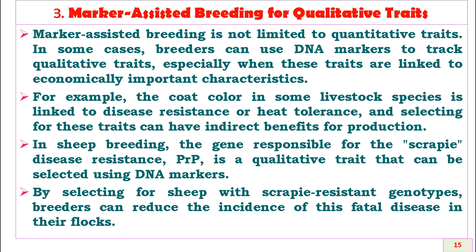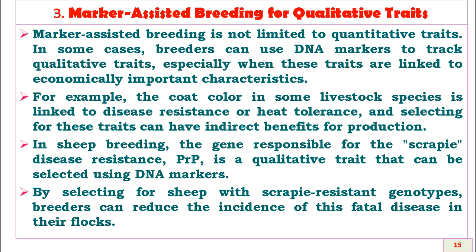For example, the coat color in some livestock is linked to disease resistance or heat tolerance, and selecting these traits can have indirect benefits. For example, if a cattle is white in color, it absorbs very little heat from the sunlight. Whereas if it is a black one, then there is more heat absorption and heat intolerance syndrome may also happen. For example, in sheep breeding, the gene responsible for scrapie disease resistance, PrP, is a qualitative trait that can be selected using DNA markers.